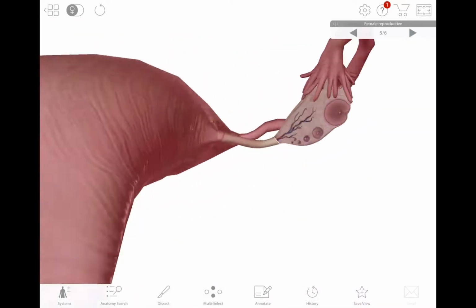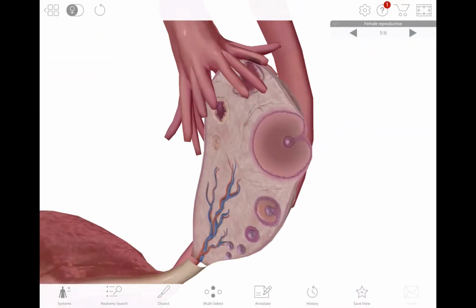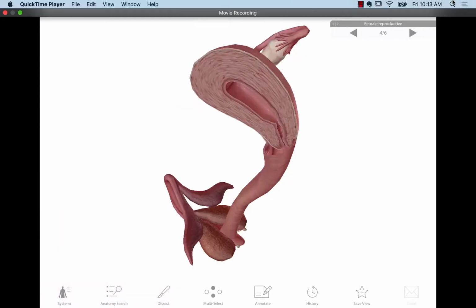Remember that once we get into the ovary, now we're looking at the development of oocytes through the follicular stage, and also we're looking at that corpus luteum and that corpus albicans. And this is actually all information that's included in a separate video.